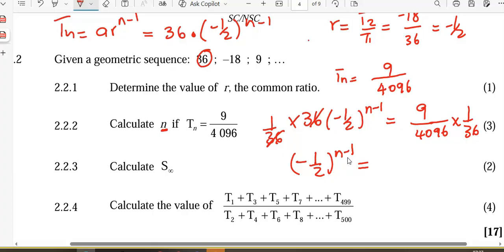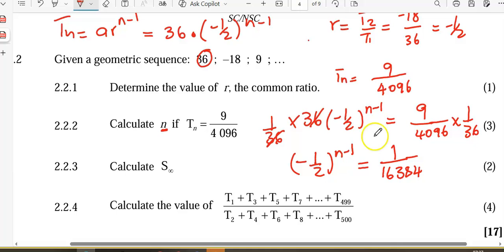This will be equal to, now tell me, what is 9 over 4096 times 1 over 36? What do you get? It's 1 over 16,384. Yes.